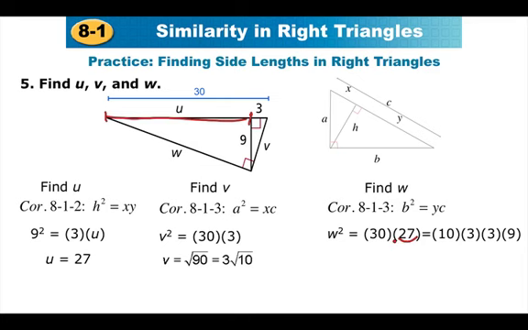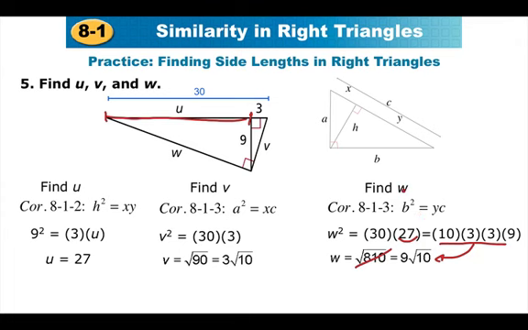At this point, I can actually multiply these two numbers, but I'm not going to. I broke them up the following way. Why? Because I noticed that this is a perfect square, and this is also a perfect square. You can skip this part. This is 9 radical 10, the answer to w.